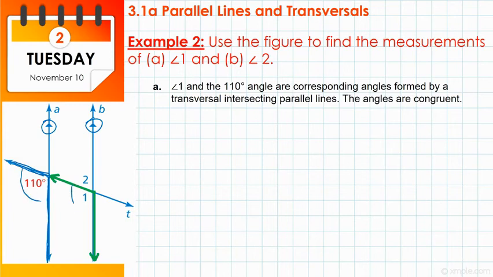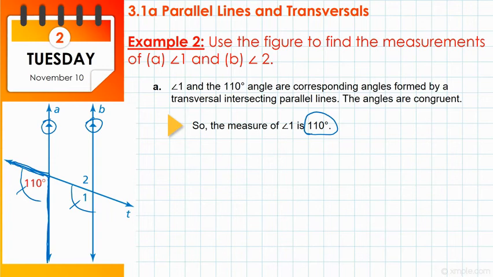These two angles are the same. They are congruent, which means that angle 1 has to be 110 degrees. Therefore, angle 1 and 110 are the same, 110 degrees.